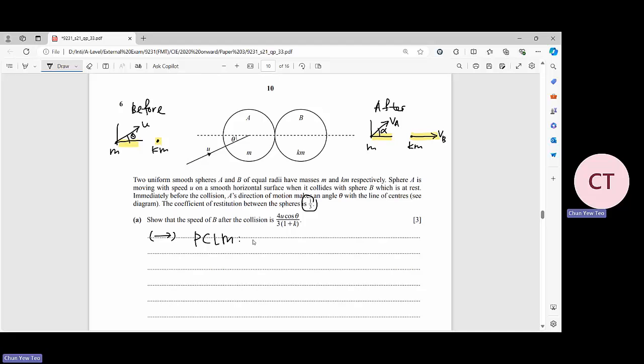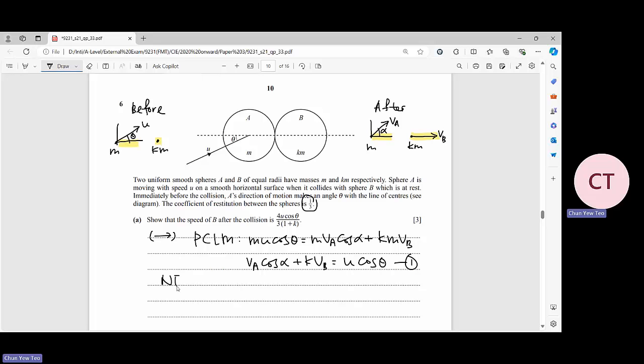We have mu cos theta equal to m vA cos alpha plus km vB. Cancel the m, you have vA cos alpha plus k vB equal to u cos theta. I call this equation number 1.